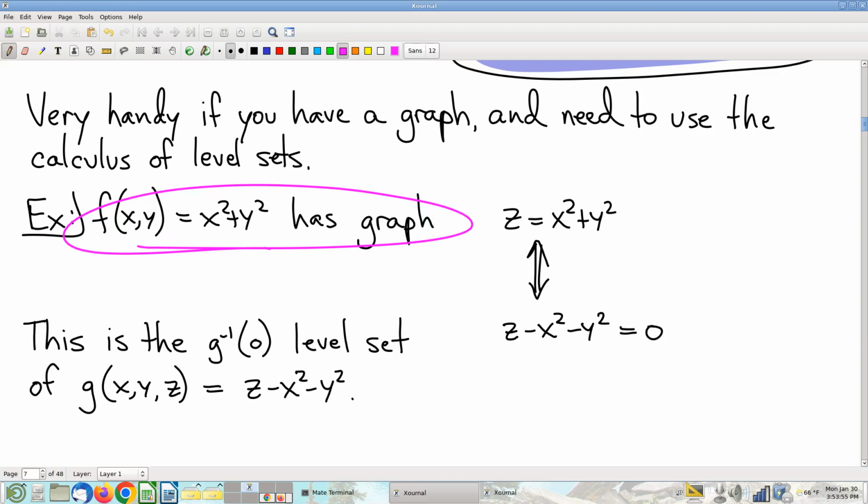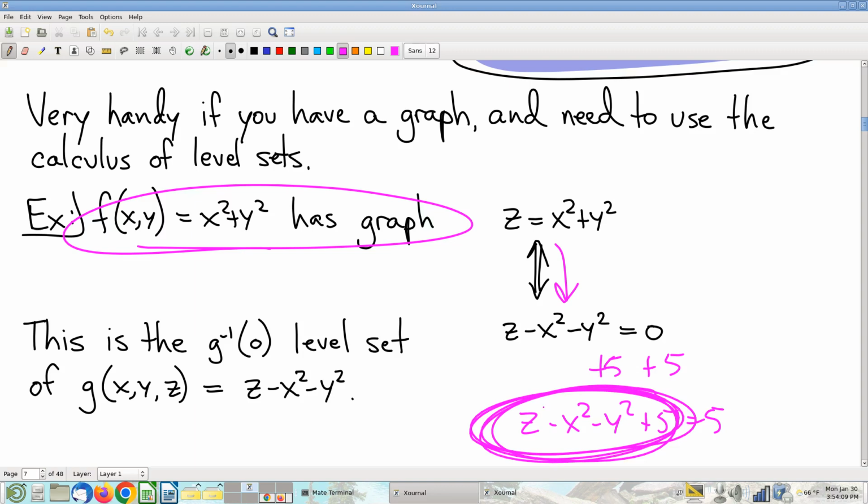What is h? The idea is you do exactly this, and then you add 5 on both sides of the equation, so z minus x squared minus y squared plus 5 equals 5. This is a function which, when you set it equal to 5, is equivalent to the original.